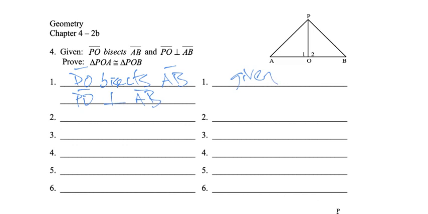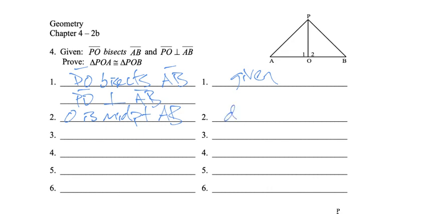So first thing I might want to do: if PO bisects AB, that means that O is the midpoint of AB, right?